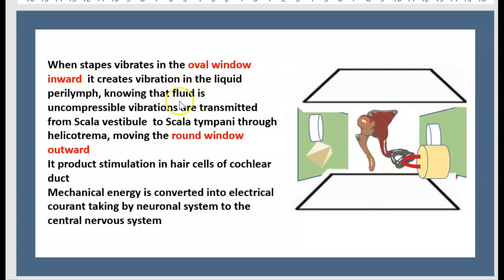Knowing that fluid is incompressible, vibrations are transmitted from the scala vestibuli to scala tympani through helicotrema, moving the round window outward. It produces stimulation in hair cells of cochlear duct. Mechanical energy is converted into electrical current, taken by neural system to the central nervous system.